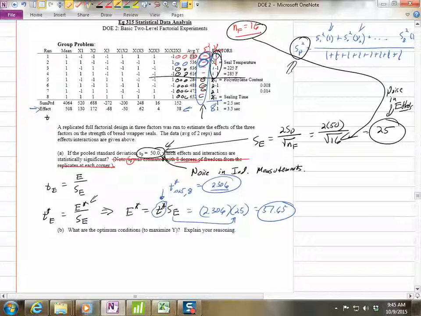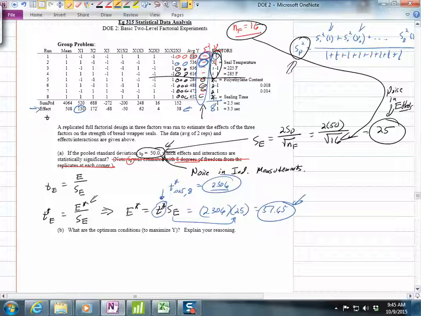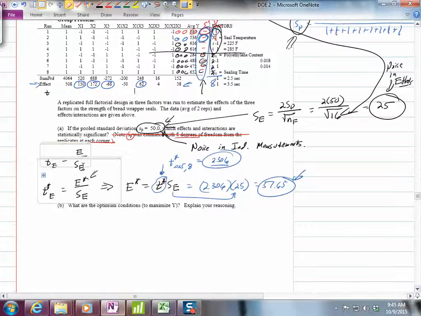So that is outside of that. That is as well. So is that and that. None of the other ones make it. Did you guys identify those things as significant? So this is just a quicker way to do it.